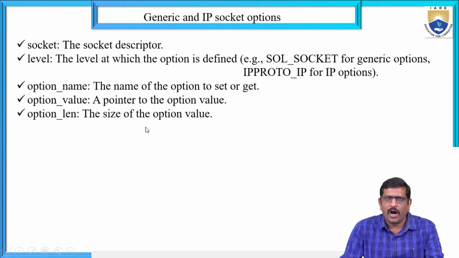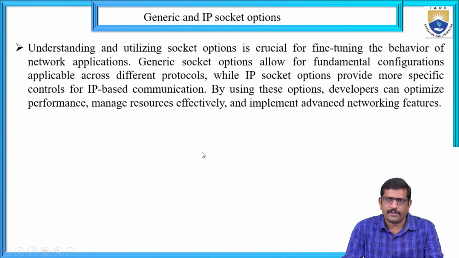Option value is a pointer to the socket option value. Option length indicates the size of the socket option value. It depends upon the size of the socket option.